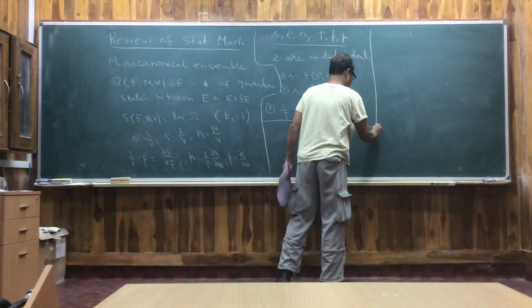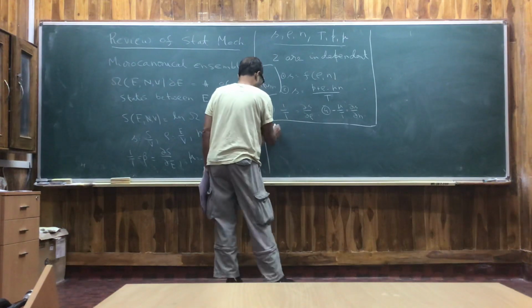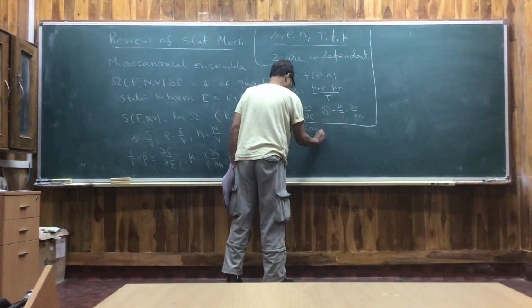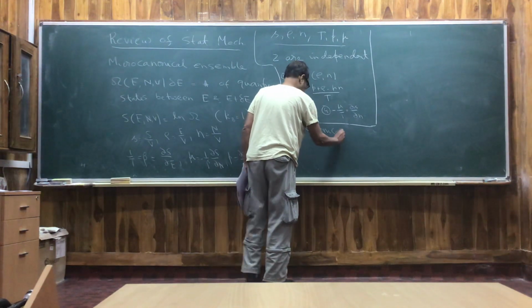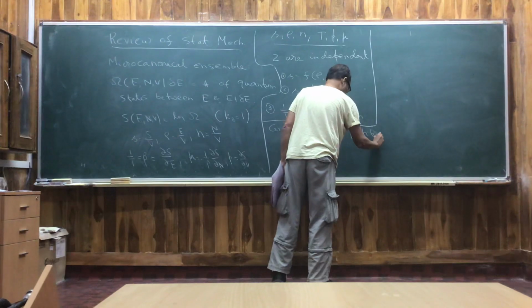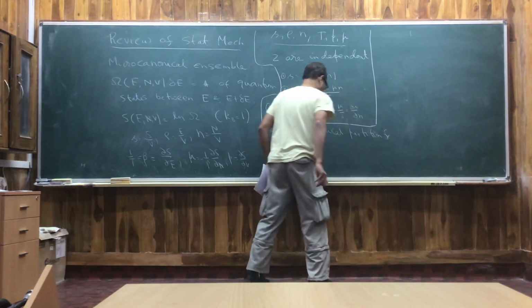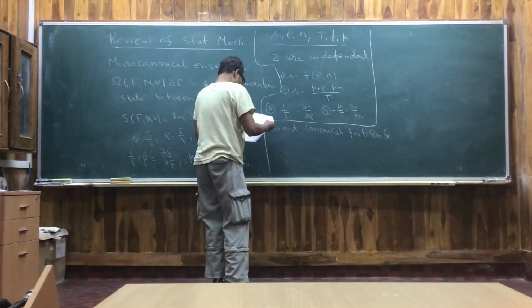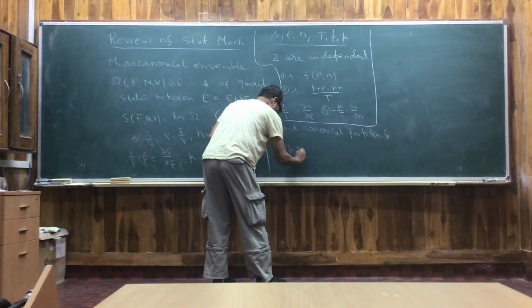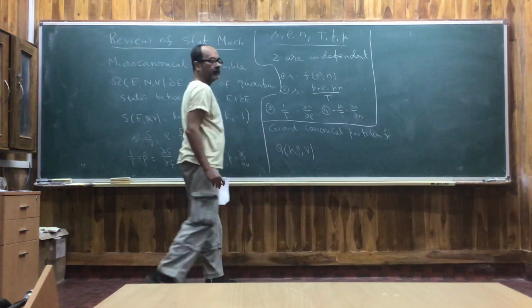So the grand-canonical partition function Q(mu, beta, V). It's naturally described as a function of the variables mu and beta.